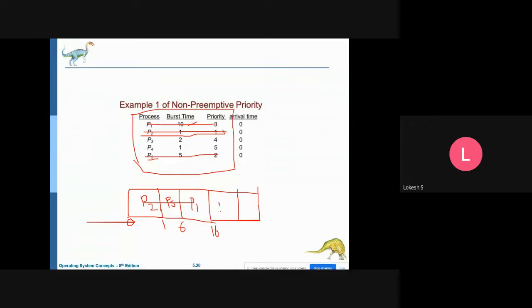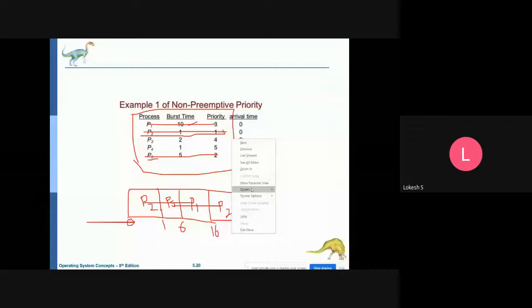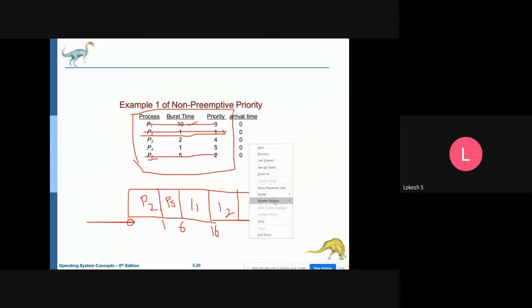Its burst time is 2. So P1 is running. This is P3.